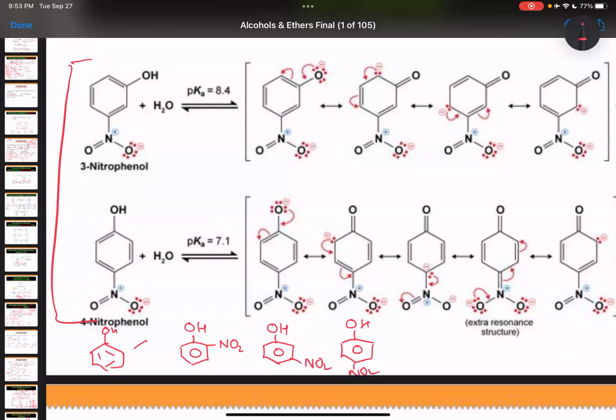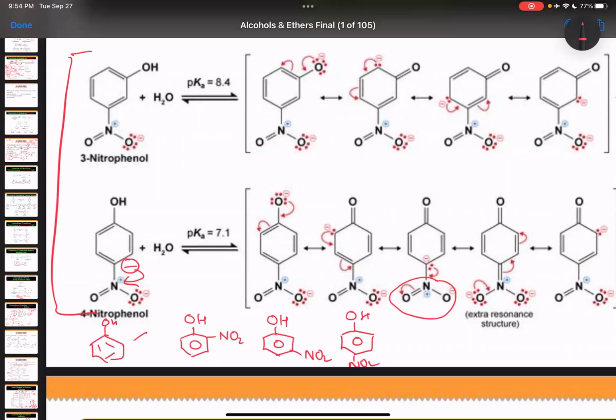If it is the nitro group, you can take the advantage of the nitro group. You can see over here, this is accepting the electrons. So more dispersal of negative charge means more stability. So that's very important. Okay, right.